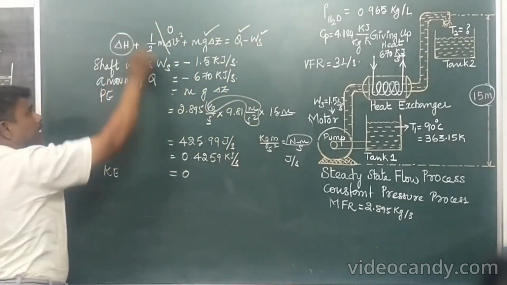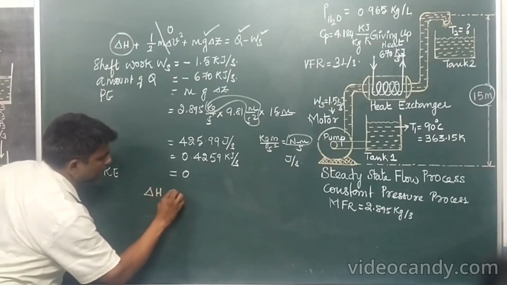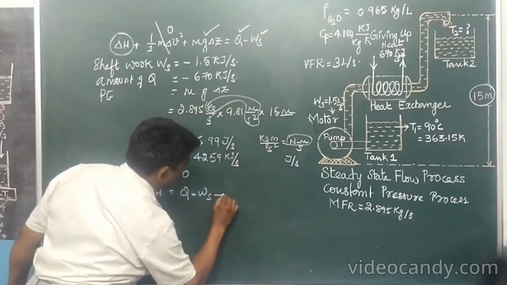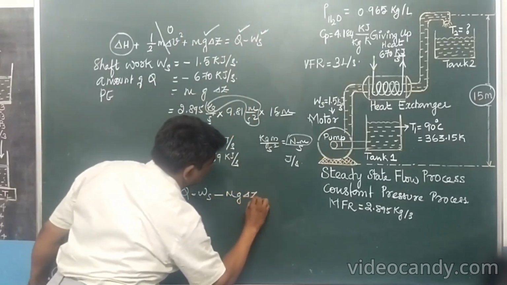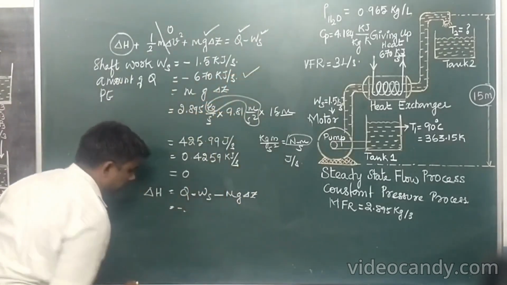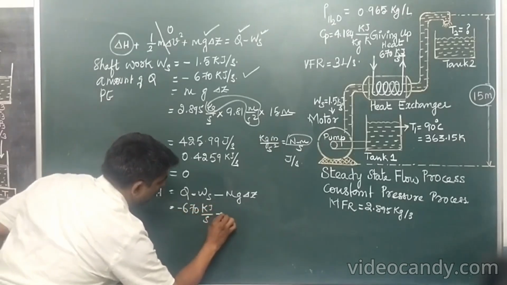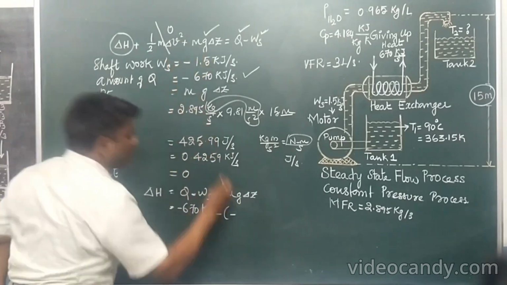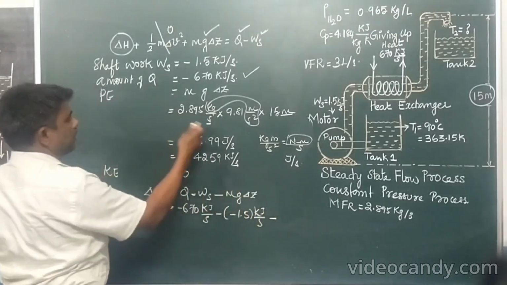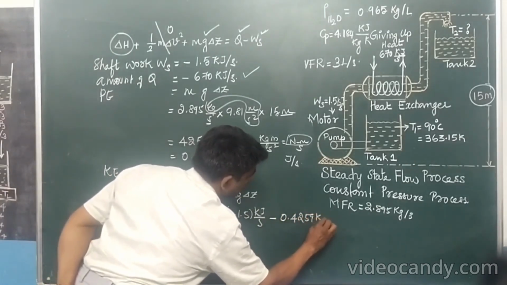Now I am going to calculate the total change in enthalpy. Del H is equal to Q minus Ws, and this term goes to this side, minus m g del Z. The Q value is minus 670 kilojoules per second, and minus shaft work of 1.5 kilojoules per second, and minus the potential energy contribution, 0.4259 kilojoules per second.